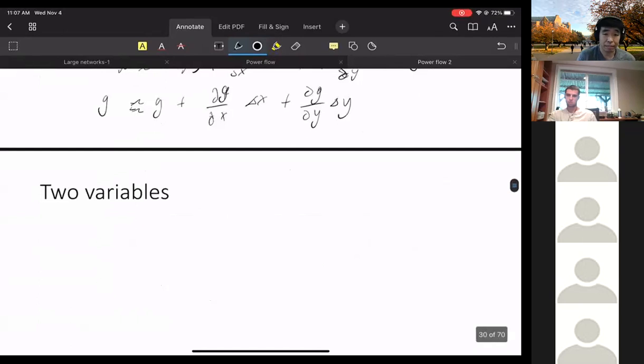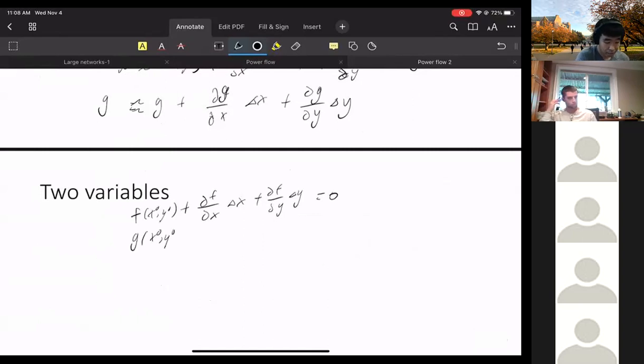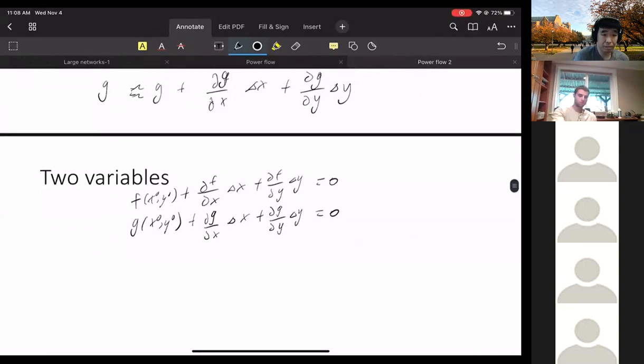So for this two variable case, we collect terms. Okay, so we solve this linear approximation. So this is what we can do: we can collect these into a matrix form.